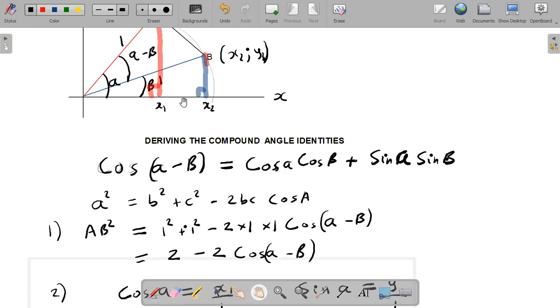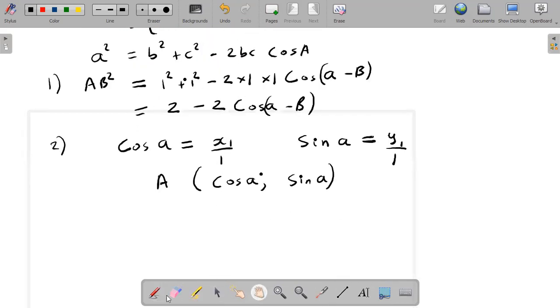So the adjacent is x2 over 1. Hence, cos beta is therefore equal to x2 over 1. Same applies with sine beta: it's also going to be equal to y2 over 1.